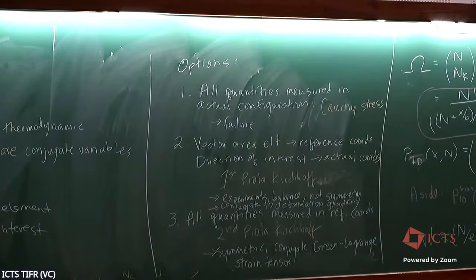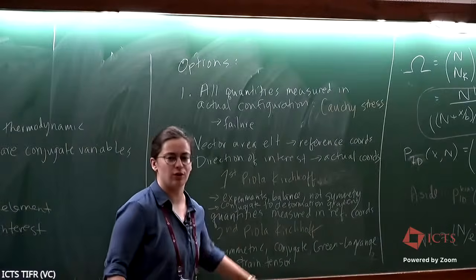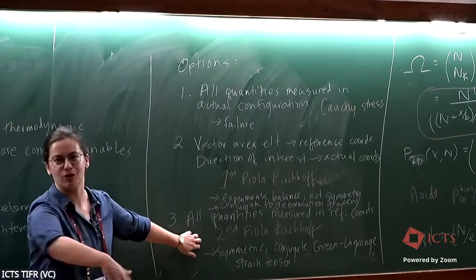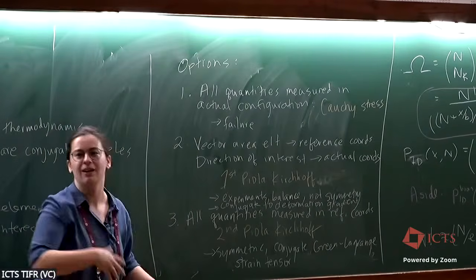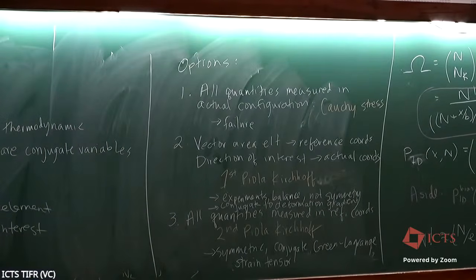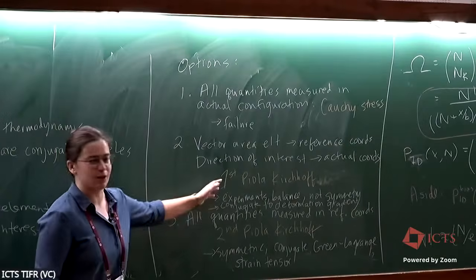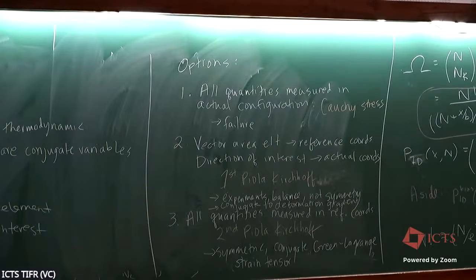So this Green-Lagrange strain tensor, one of the reasons why it was so nice for introducing everything is because everything was in terms of the displacements, everything was in terms of the reference state. And therefore it's somewhat intuitive that a quantity where everything was measured in the reference coordinates for stress would be conjugate to that. And with this deformation gradient, we were talking about a map between the reference and the actual configuration. And so that should prime your intuition to expect the first Piola-Kirchhoff stress, which also has one foot in each world, to be conjugate to that as well. So yes, this is a great point. Thank you.